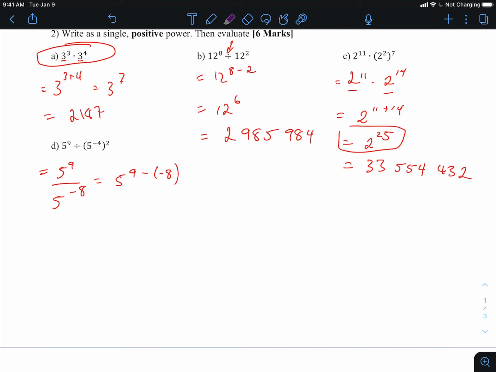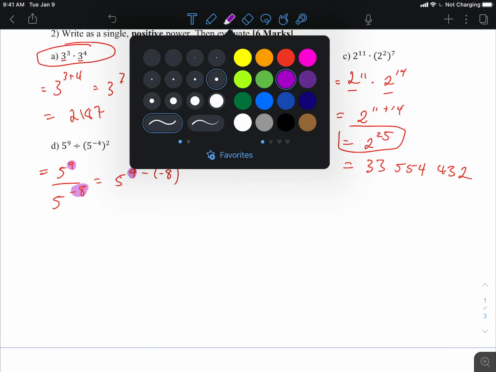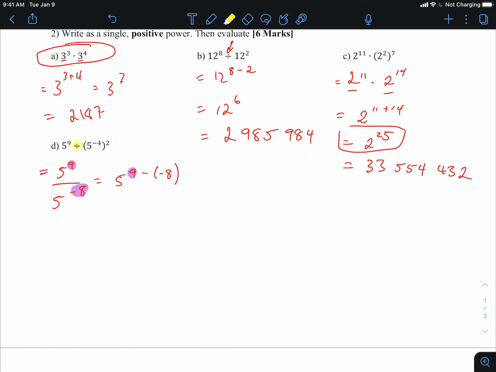Okay, why did I do that? Well, there's 9, there's negative 8. Division indicates that we subtract. Here, I'll do that in a different color. Division, subtraction. Okay, you guys can't quite see that. Okay, so now 5 take away negative 8 should be 5 to the power of what?